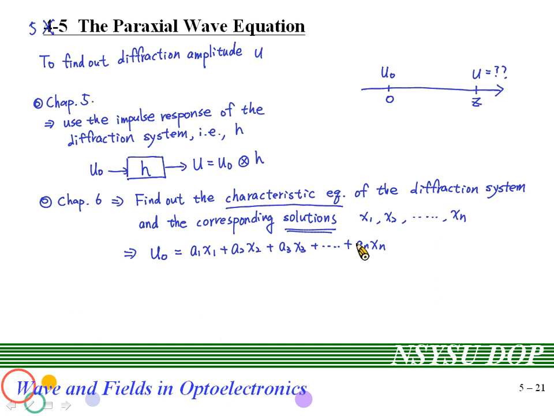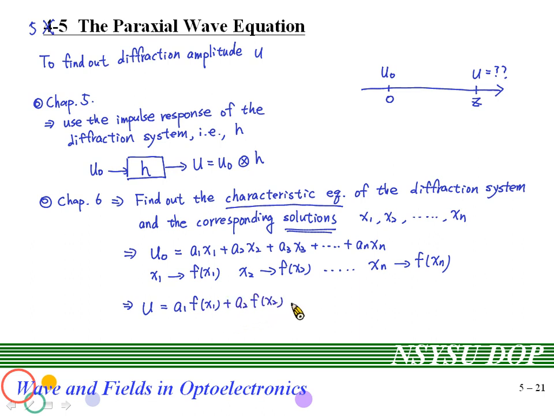And if you know the diffraction field of each solution, what I am saying is that if you know x1 and you also know the diffraction amplitude of x1, which is f of x1, you know x2 and its diffraction amplitude f of x2, and you know xn and its diffraction amplitude f of xn, then the diffraction amplitude of U0, which is U, can be written as A1 times f of x1 plus A2 times f of x2 plus An times f of xn.